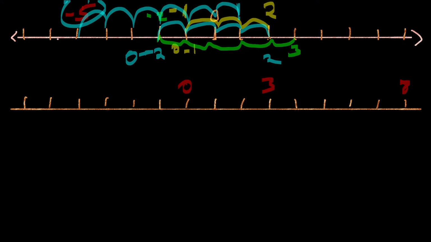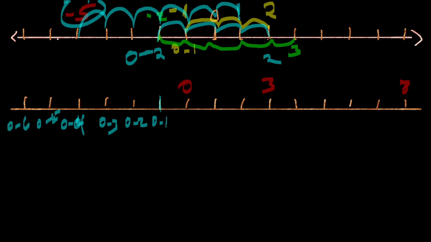So if I were to look at the number line, each position, this position here, is just the same as writing 0 minus 1. This is like saying 0 minus 2, 0 minus 3, 0 minus 4, 0 minus 5, 0 minus 6.